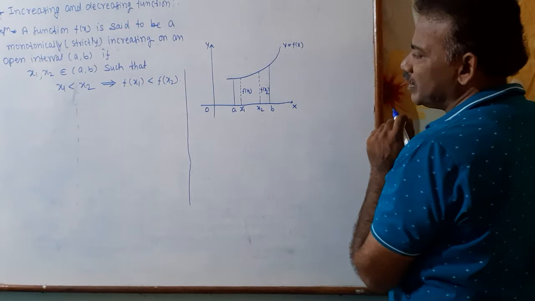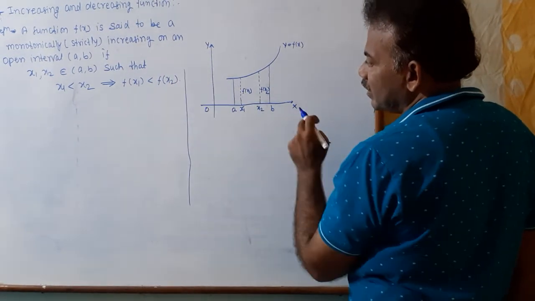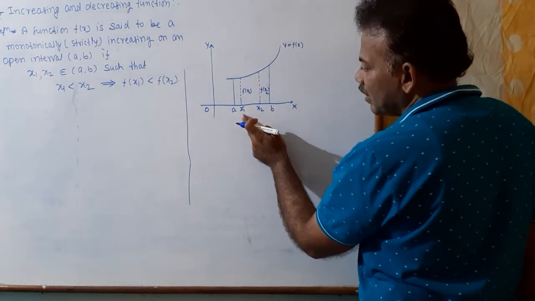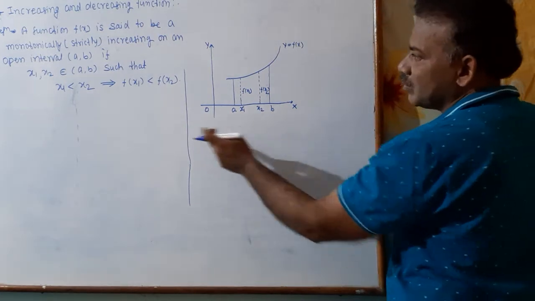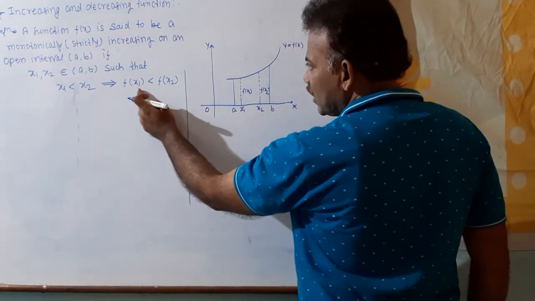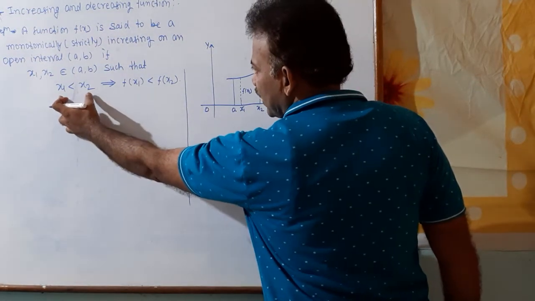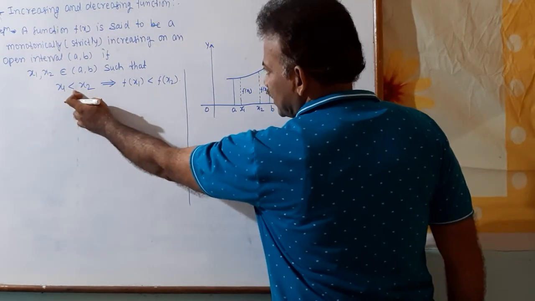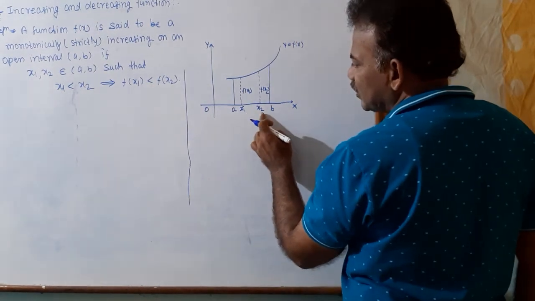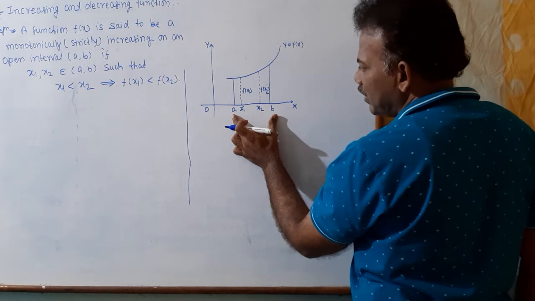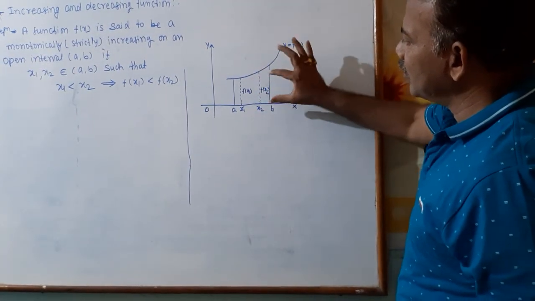So what is the definition? When we say function is monotonically increasing or strictly increasing, what is the condition? x1, x2 belongs to open interval a comma b and x1 less than x2 must imply f of x1 less than f of x2. When you operate the function on these two elements, the sign is always the same, less than implies less than. F of x1 means this length and f of x2 means this length.